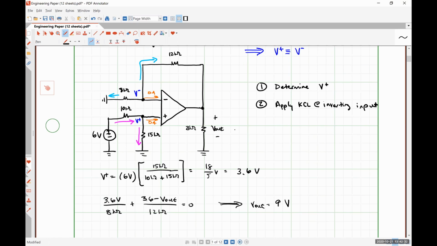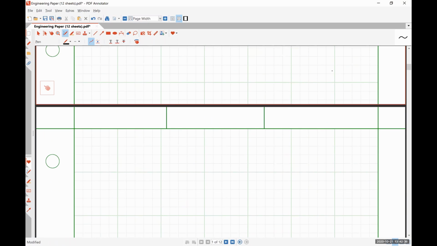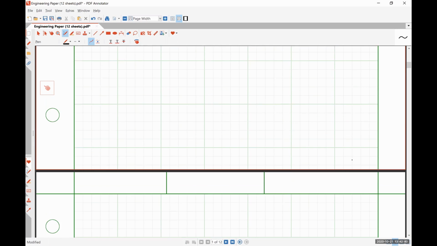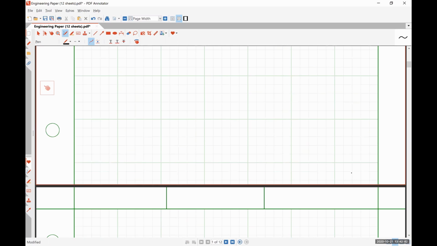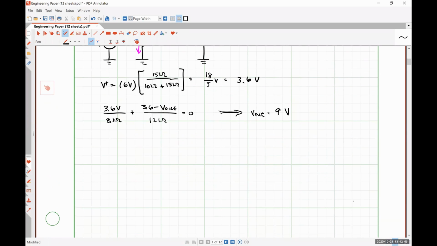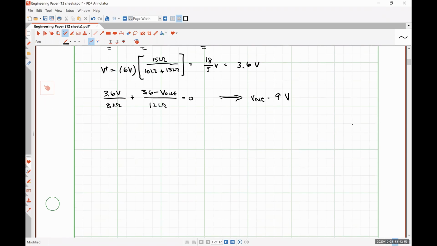All right, so let's up the level of difficulty. Pretty much, yeah. And the reason why we don't really use mesh analysis effectively ever for op-amp circuits is because of the rules for the current. It kind of makes things a little messy.